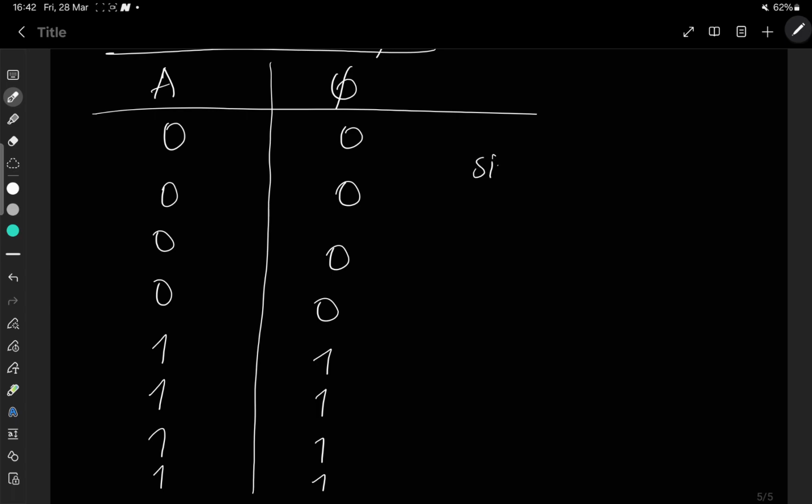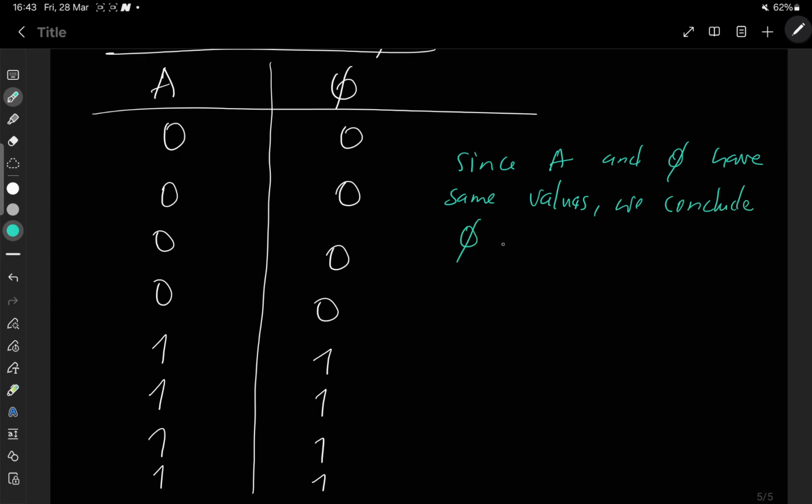So since A and phi have the same values, we now conclude that phi is equivalent to A.